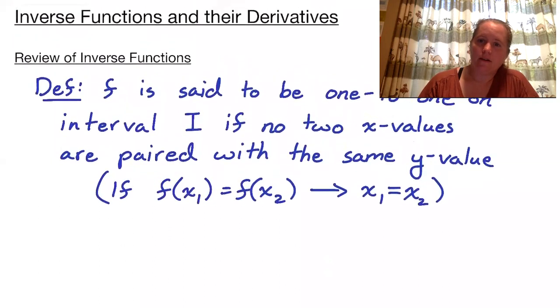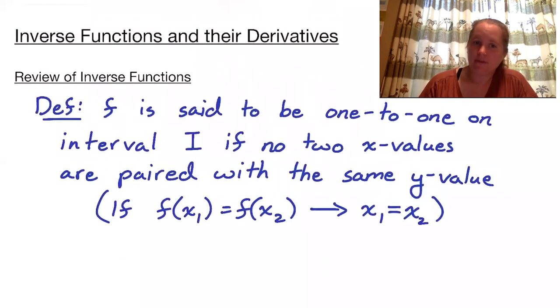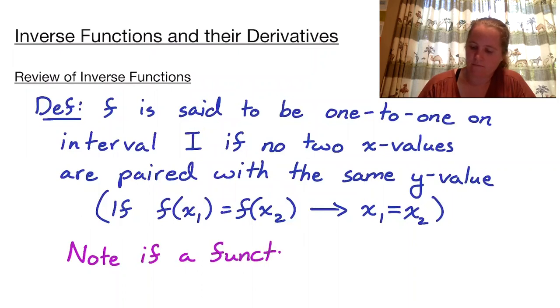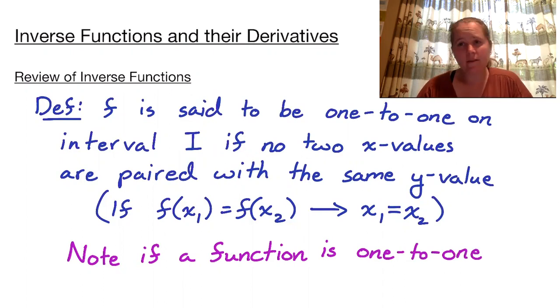So from here, note that if a function f is 1-to-1, then if we're given a y value, we know we can trace it back to the only x that gives that.